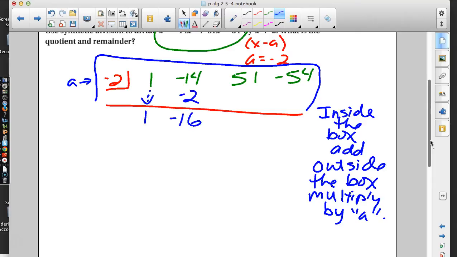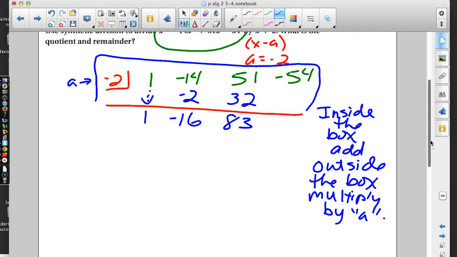Now I'm back outside the box again. When I'm outside the box, I have to multiply by a. Negative 16 times negative 2, that's 32. And now I'm inside the box. When I'm inside the box, I'm supposed to add. 51 plus 32, that's 83. Now I'm outside the box again. When you're outside the box, you're supposed to multiply.